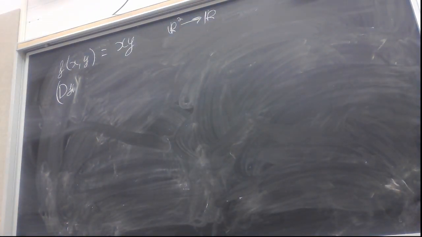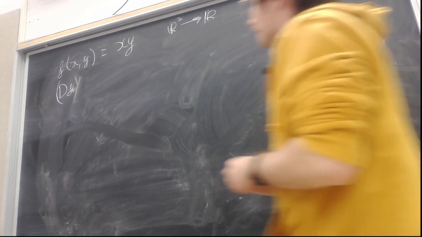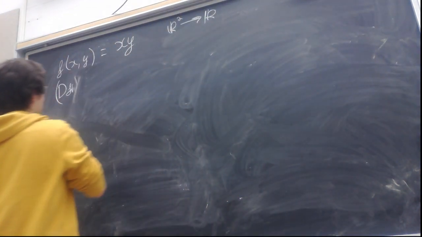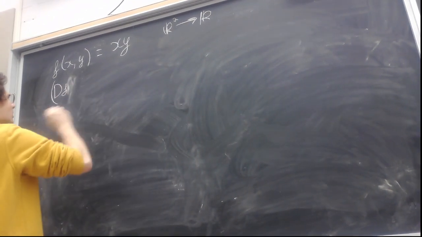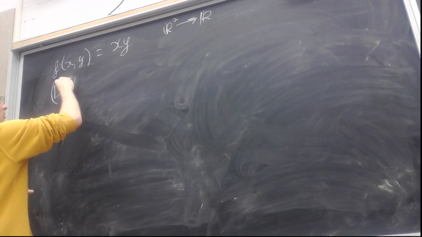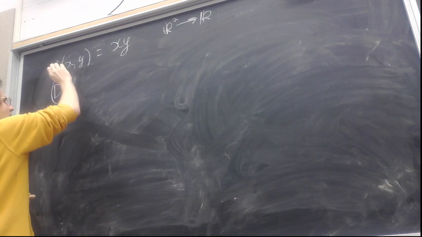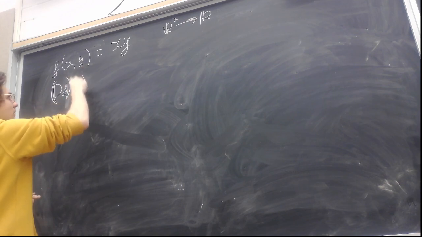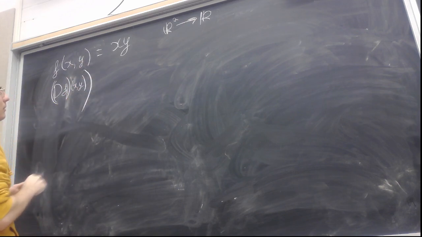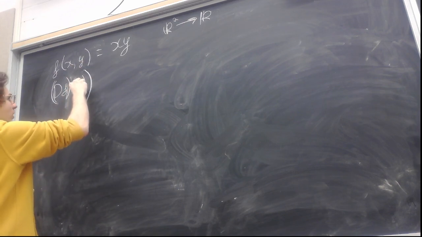Also, all of these partial derivatives are evaluated at the point b. Actually, let's write something general: df at the point x naught, y naught.